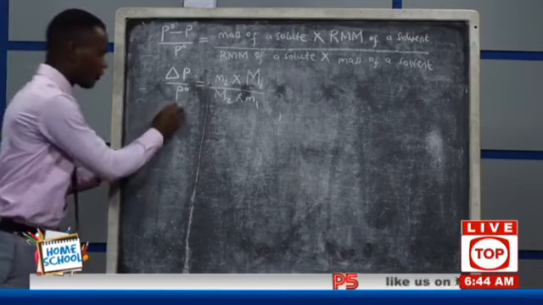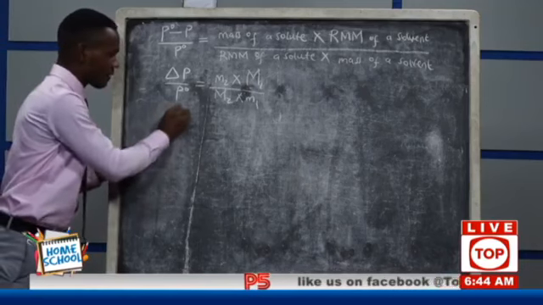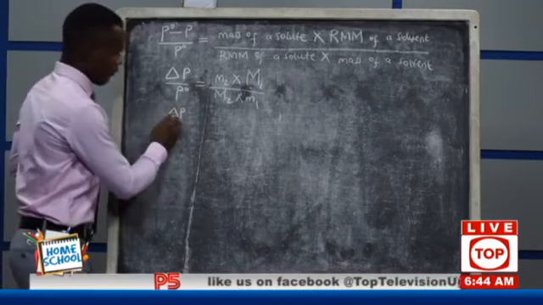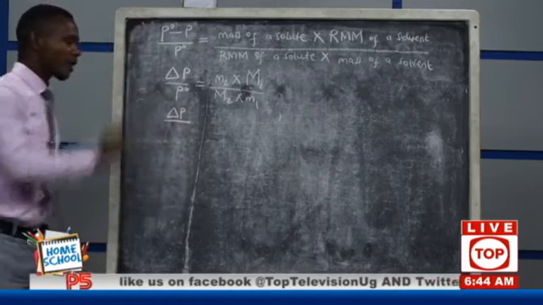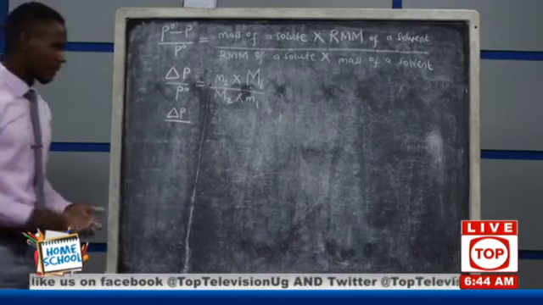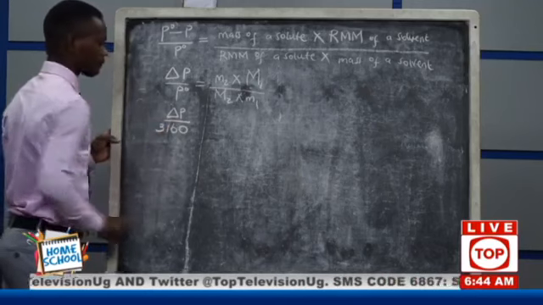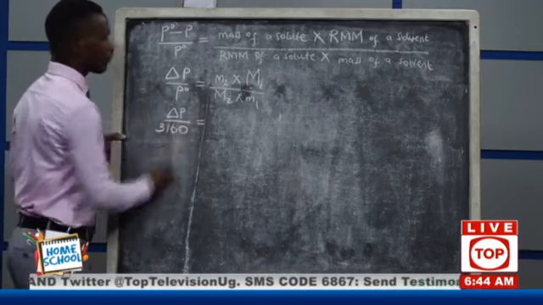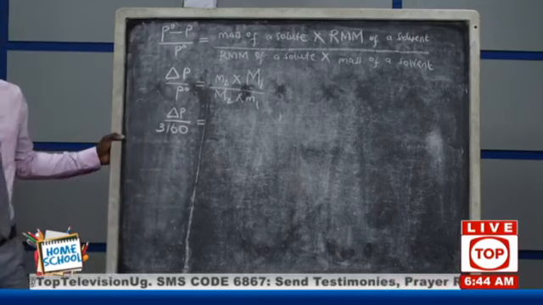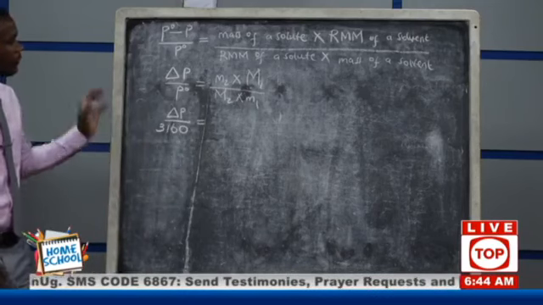So here we shall go straight to change in pressure divided by pressure of the pure solvent, that has been given as 3,160, equaling mass of the solute.